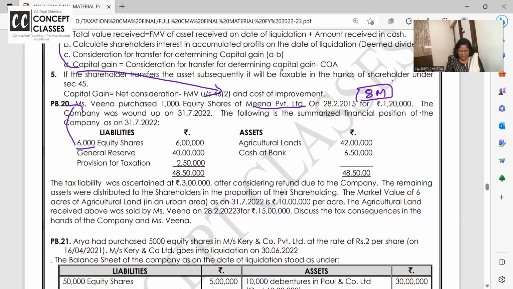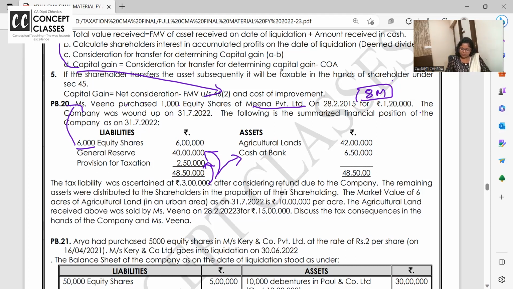Now, tax liability was ascertained at 3 lakh after considering refund due to the company. You have already made a provision of 250. Can we take the extra 50,000 from the reserves?